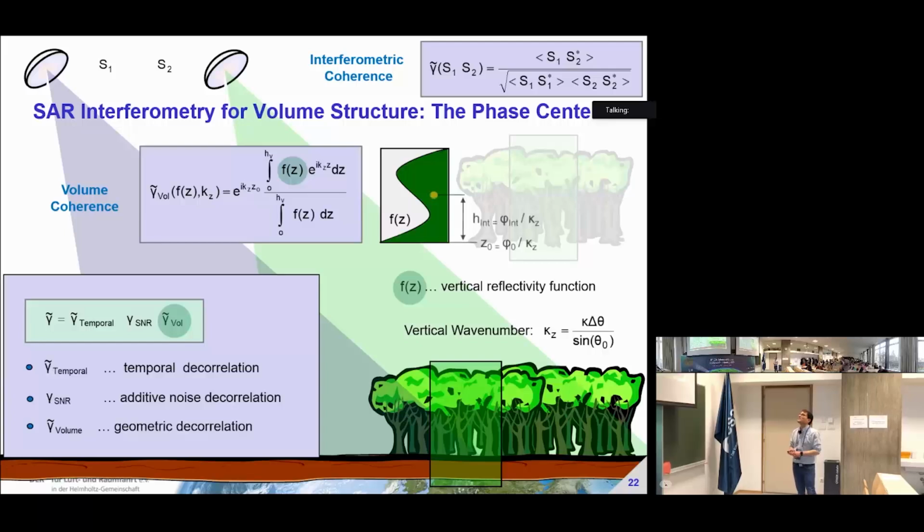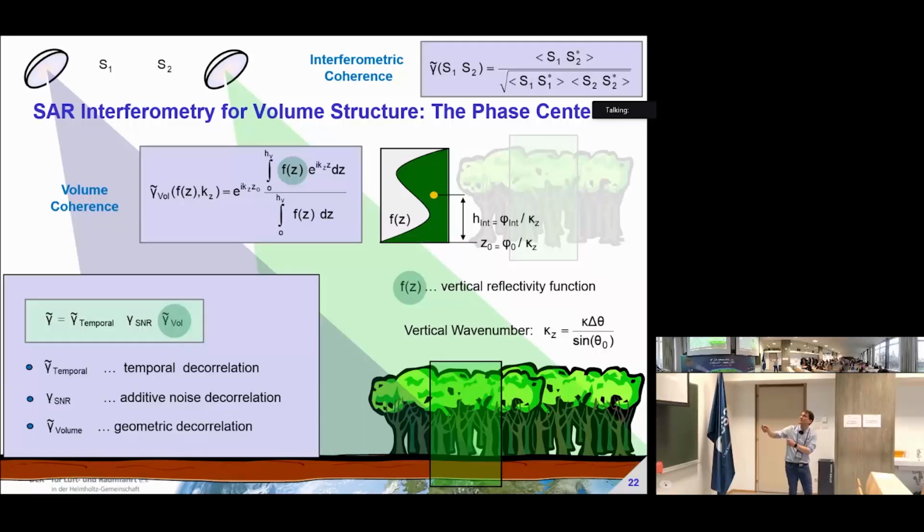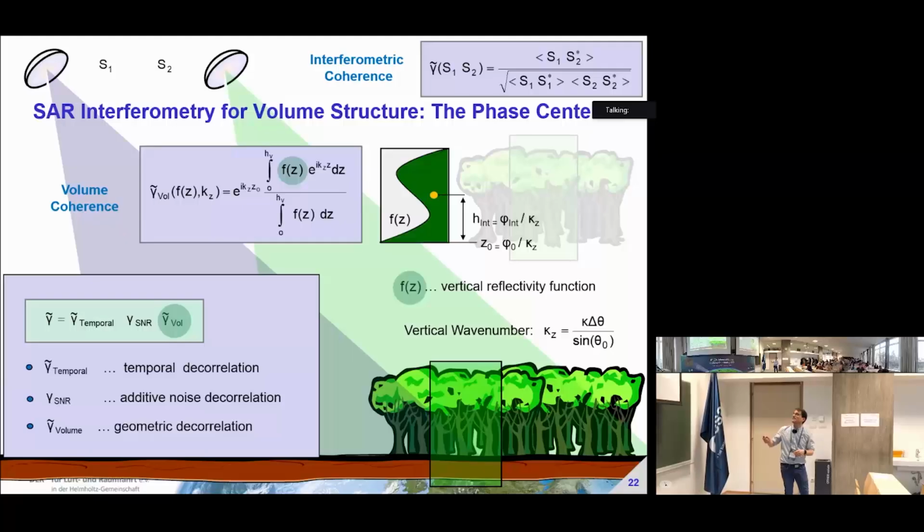So in this case, what you get in the phase is what we call the center of mass of the reflectivity function. It's a point in between, if it's a forest, the ground and the top. But in general, it's somewhere within the volume, and the height of it depends on how the reflectivity is distributed at the different heights.